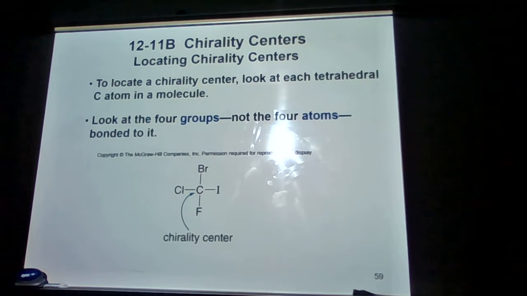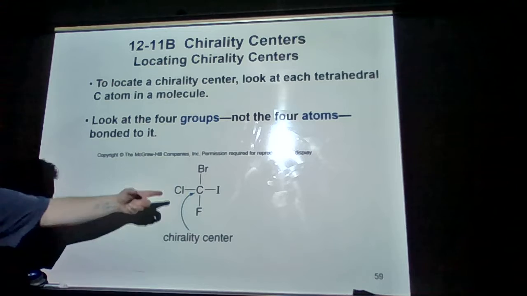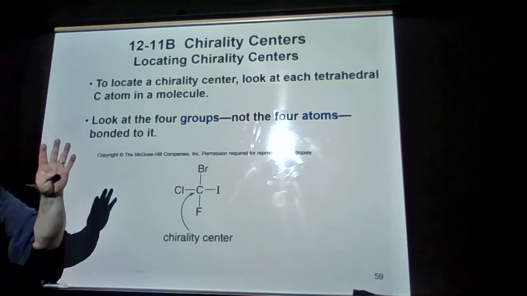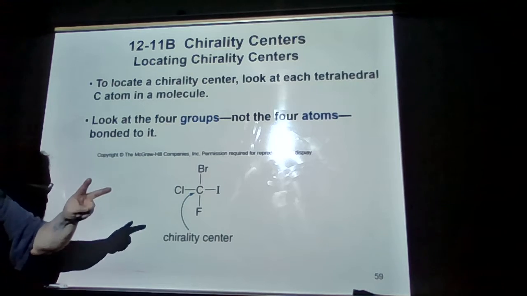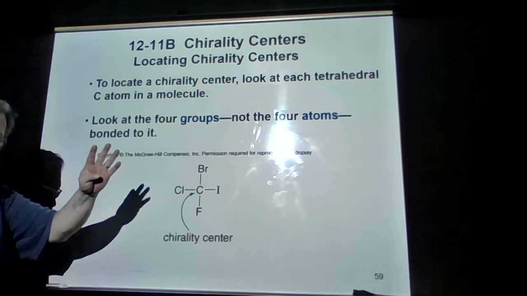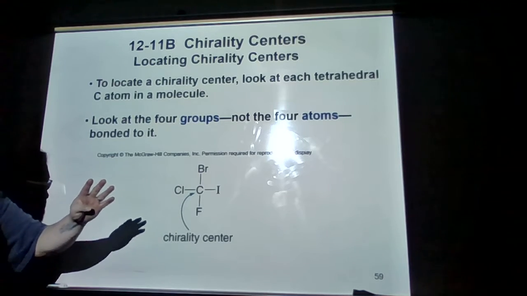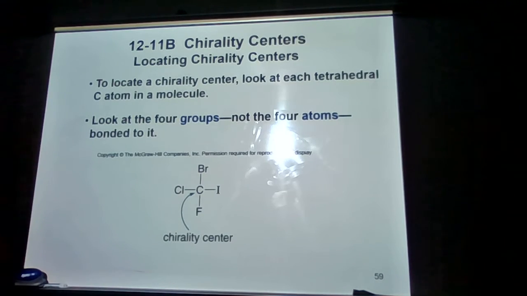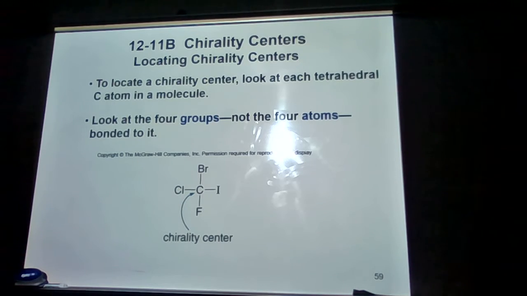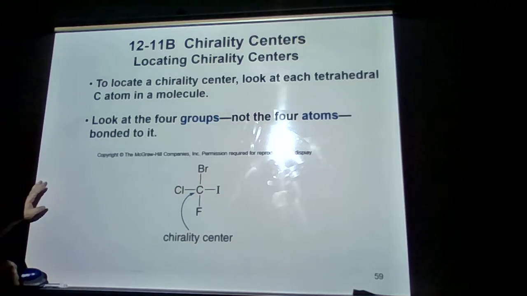To locate a chiral center in a molecule, you look at each tetrahedral carbon atom in your molecule. If it's bonded to 4 things, look and confirm that if any 2 are the same, you do not have a chiral center. But if you have 4 different things, you do have a chiral center. So you look for 4 different groups bonded to your carbon.